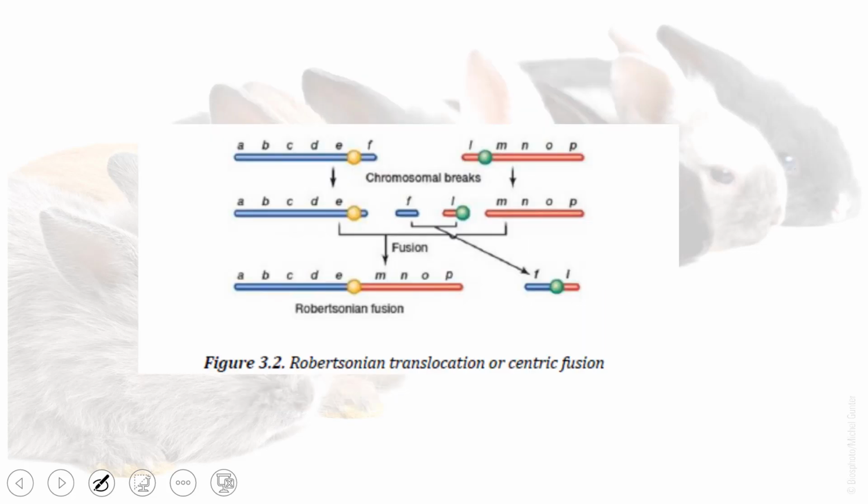All right, so here's Robertsonian translocation, also called centric fusion, and again, it's a translocation event that involves the centromere. And so here, this fragment that's removed from this chromosome included the centromere.